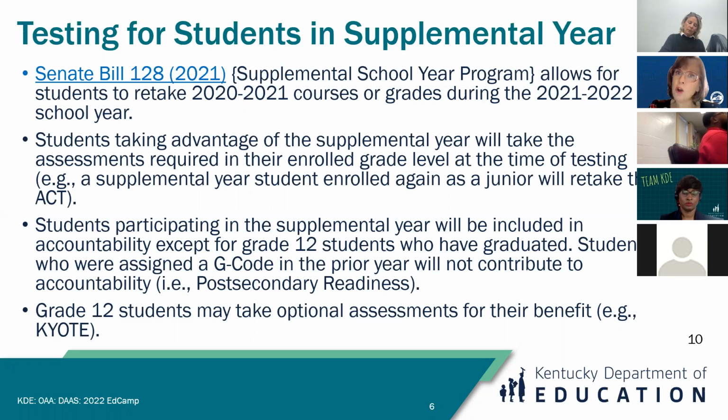But we've put a little note on here: if the student wants to take it or needs to take it for their benefit somehow, maybe it's used to see if they're eligible for a dual credit course or something, they can. We're not saying they can't, but just that they don't have to in order to meet post-secondary readiness.